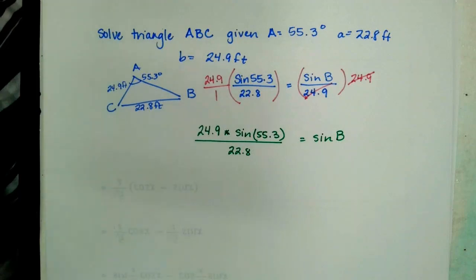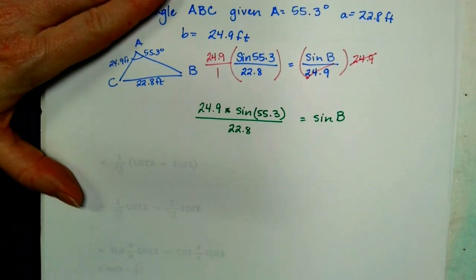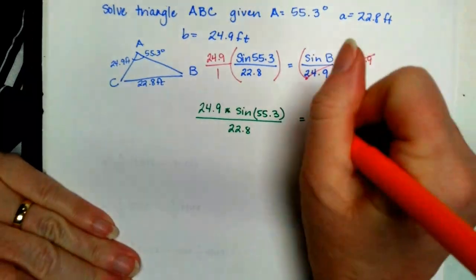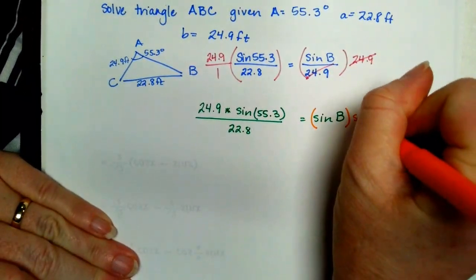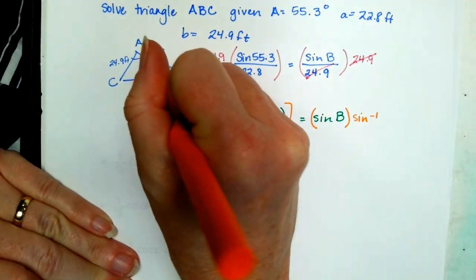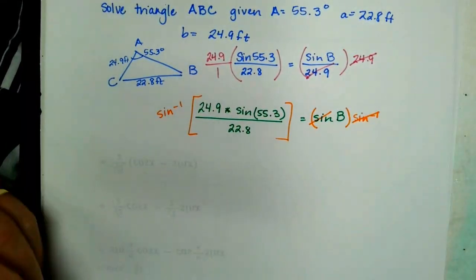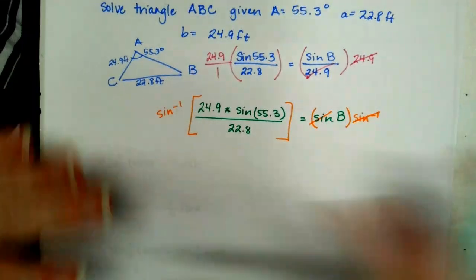And I don't need sine of B. I need just B. So I have to arc sine to get rid of the word sine. So that's going to give me angle B. So this is what I'm plugging in my calculator.